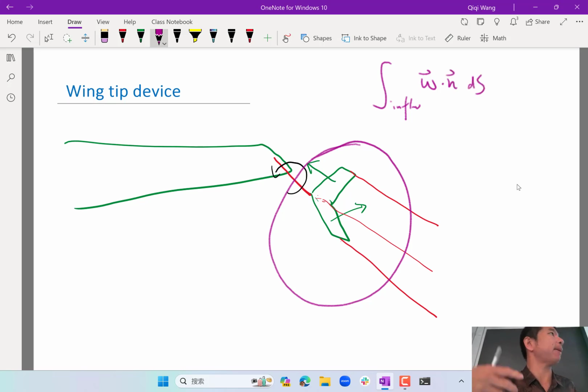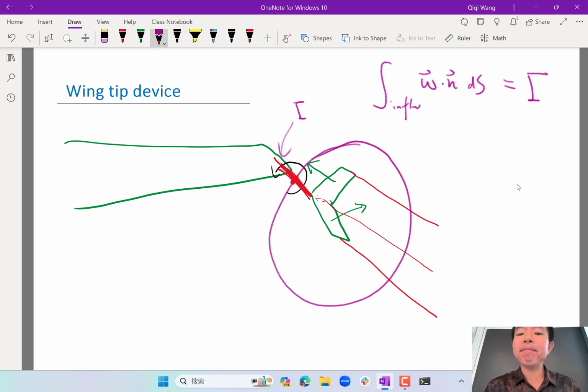The inflow part is basically upstream of the winglet. The only non-zero vorticity over there is the intersection of this concentrated single wingtip vortex with this surface of the control volume, right? So the upstream integration would be just equal to the strength of this vortex. Agreed?